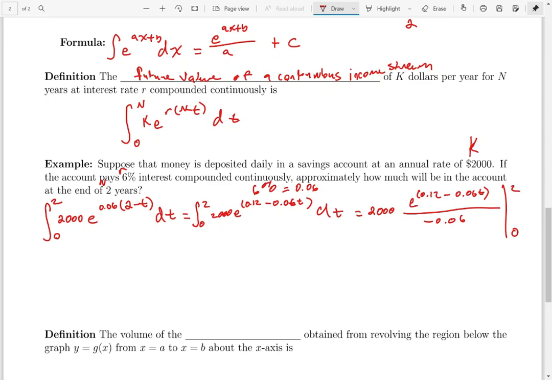And so then, what's this going to be? This is going to be 2,000 divided by 0.06, which is 3.33 repeating infinitely. And it is negative. And then we can just do our limits of integration plugged in.